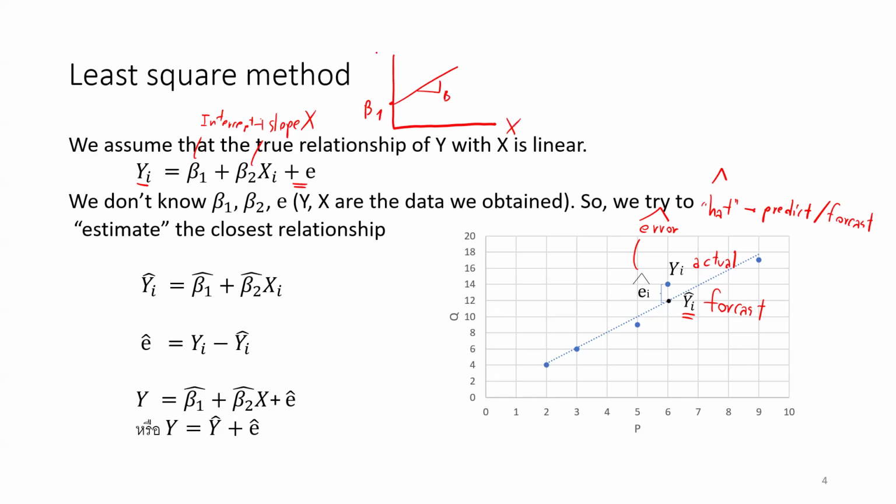This is x, this is y. This is the meaning.